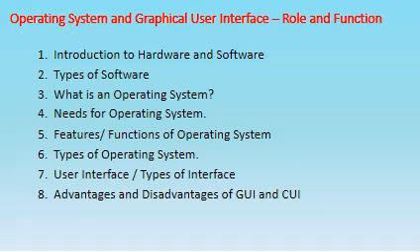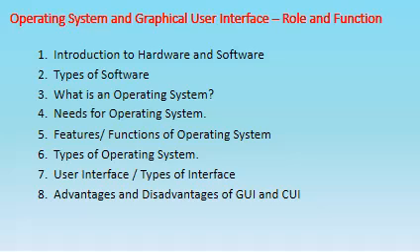Good morning, students. In the previous class of operating system and graphical user interface, we've learned about the introduction of hardware and software, types of software, what is an operating system. We have learned about this.